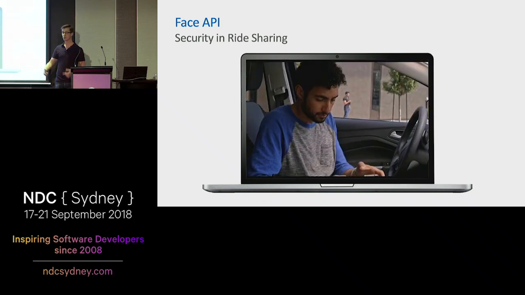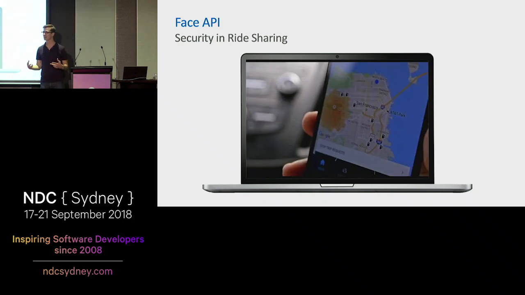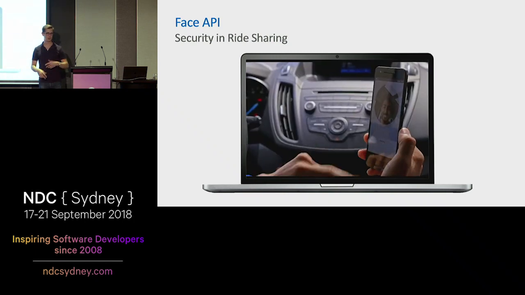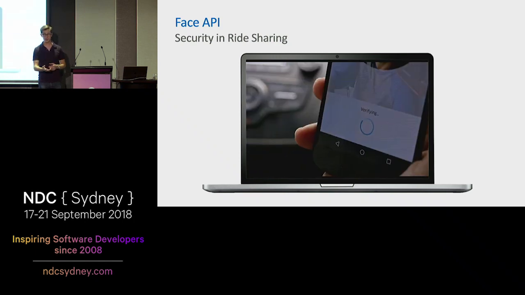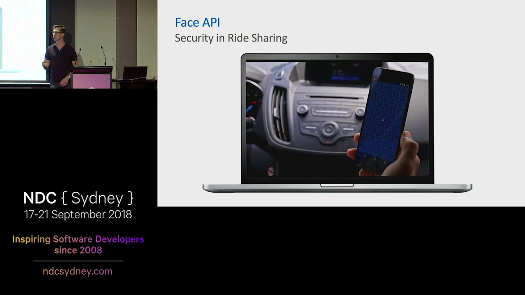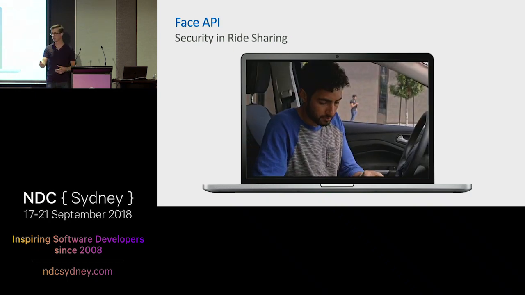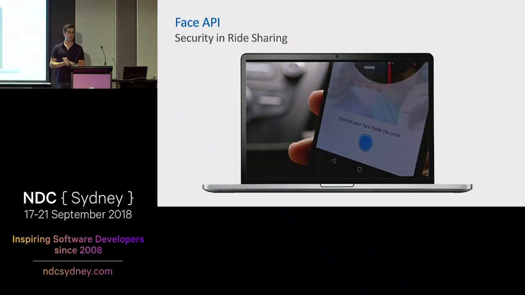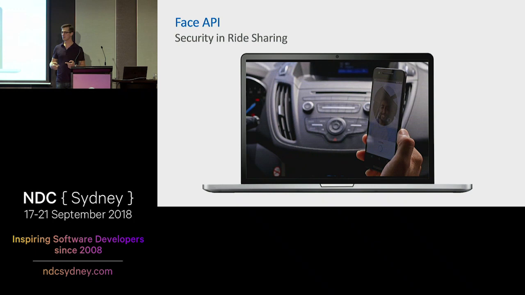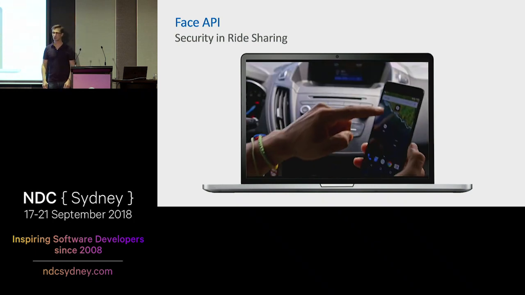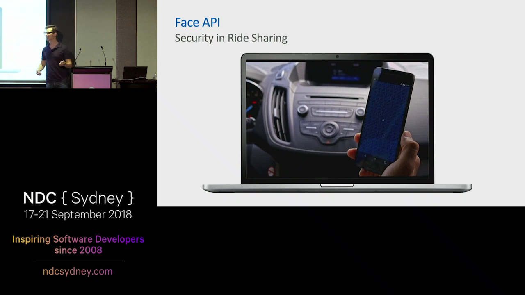And so they quickly realized they have to do a lot of security. So when you apply to be a driver, they do the common things like a quick background check, make sure you don't have a criminal history, make sure you're a safe driver, make sure you have insurance, and you own the car that you say you own. And that's all well and good, but they found before they started adding this facial recognition that folks were just handing out their logins, right?